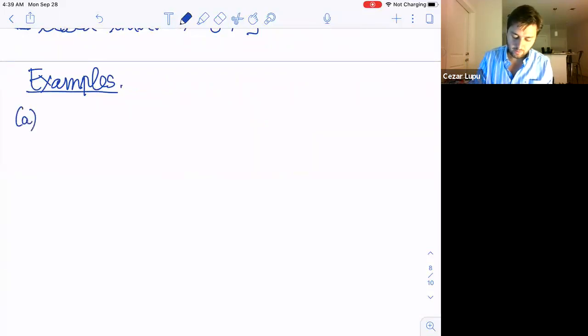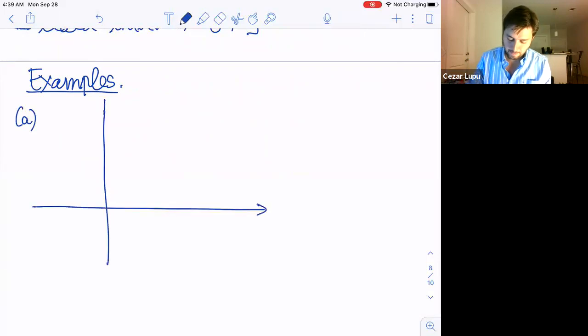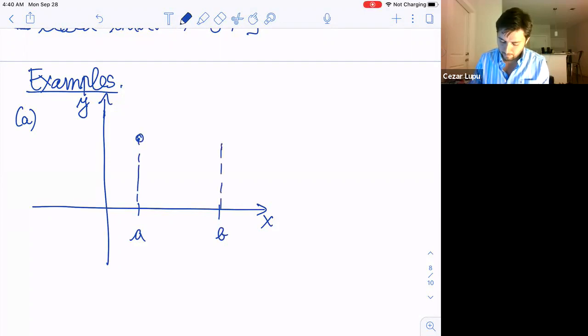The first case. Let's just say I have something like this. So let's say here I have A, here I have B, and they will meet the graph of the function. Let's say here I have a hole, and here I have a hole as well.